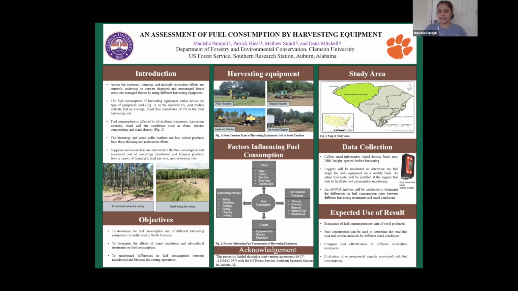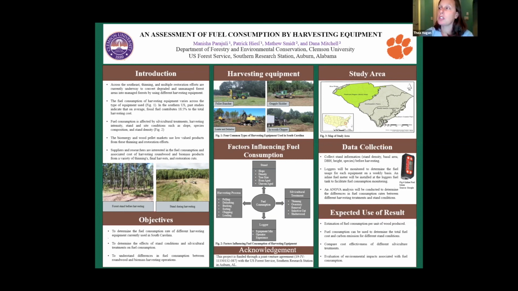This means it has to travel only a short distance, which will minimize the fuel consumption. Yeah, if the stand density is high, the fuel consumption will be low. Did I answer your question? Absolutely. Thank you.